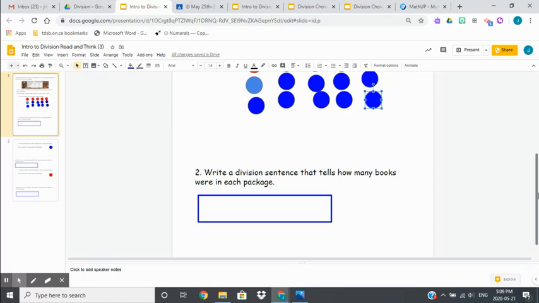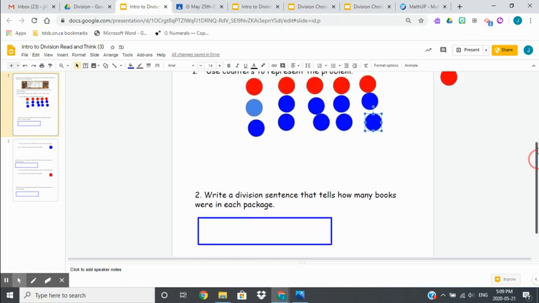So I'm going to draw one in, and I encourage you to, maybe we can just use the words. Let's do that. Okay, so let's write a division sentence that tells how many books were in each package. You know what? I'm going to draw it, and I'm going to add the division symbol to your pages after I'm done this. All right, that'll be easier.